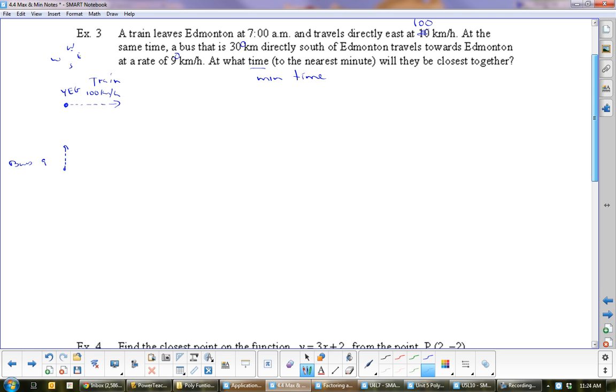It's going at 90 kilometers per hour. And we want to know, maybe I shouldn't draw this so long, when is this a minimum? So if we know when that's a minimum, it should give us the time when that happens.